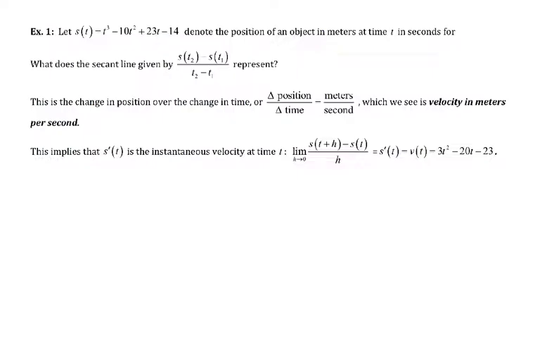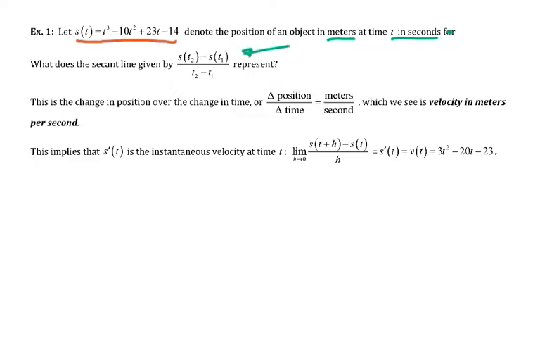So why is this so? Let's look at an example. Here is a function that gives the position of an object in meters at time t in seconds. So if we look at the secant line, what does this represent?